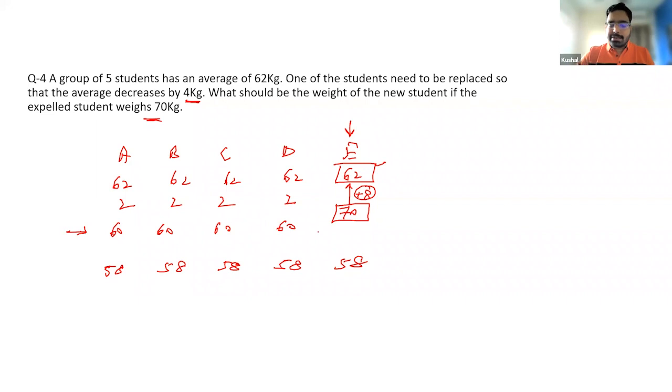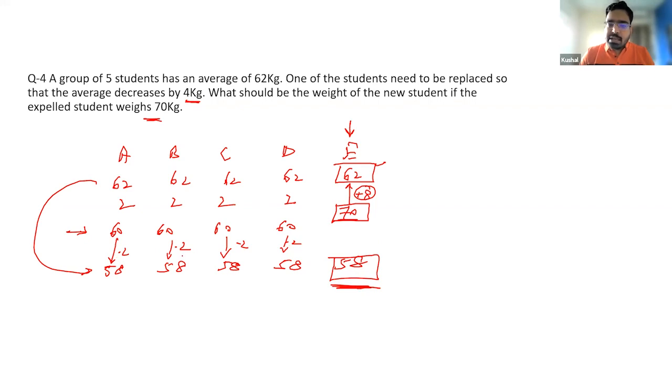Now what are they saying? They are saying that this 70 kg is replaced by another student and the average of everyone has come down by 4 units. So from 62, it has come down to 58. So what will happen? From the 60, they are now coming down by 2 units each. Where is this 2 units going? Of course, all of these are coming down by 2 units. That means these 2 units are going to the third person, the person who is now coming in. And then that person is reaching a weight of 58 kgs.